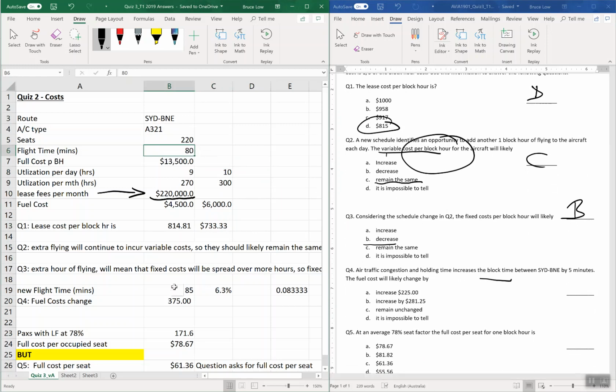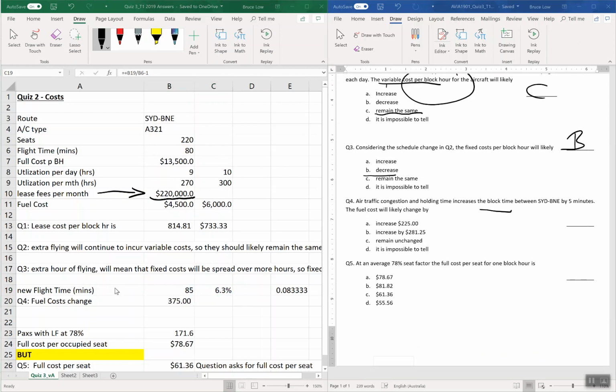So we're increasing that now to 85 minutes, so we're adding extra 5 minutes to that time. So that's an increase of 6.3%. And we're asked, the fuel cost will change by what?